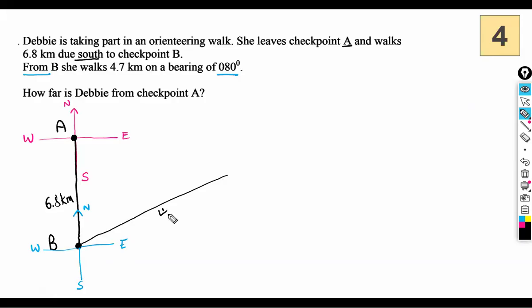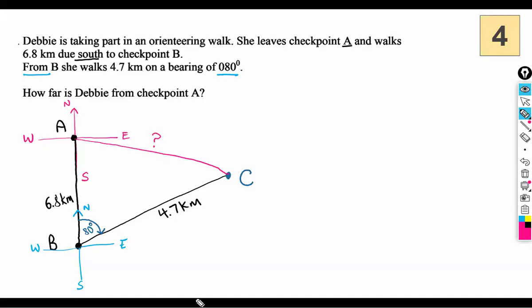And she's going to walk 4.7 kilometers, which means that this angle here is 80 degrees. She walks, we don't know this point here, so we're just going to call it point C. What the question is asking, how far is Debbie from the checkpoint A? In other words, they want the length of this pink line here.